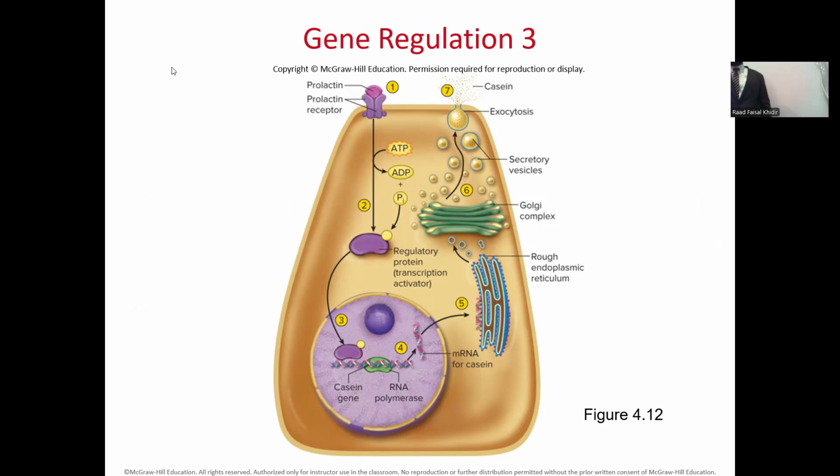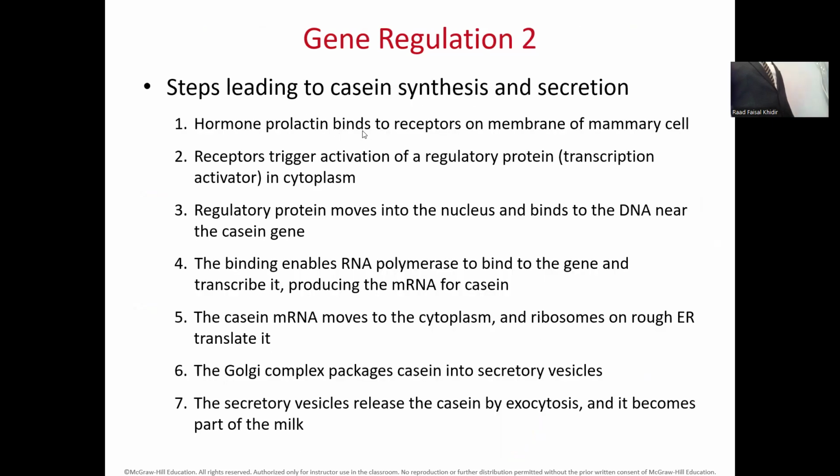So, casein is a milk protein. The hormone prolactin is going to bind to receptors on the membrane of the mammary cell. The receptors are going to trigger the activation of a transcription activator in the cytoplasm. The regulatory protein is going to move into the nucleus and bind to the DNA near the casein gene.